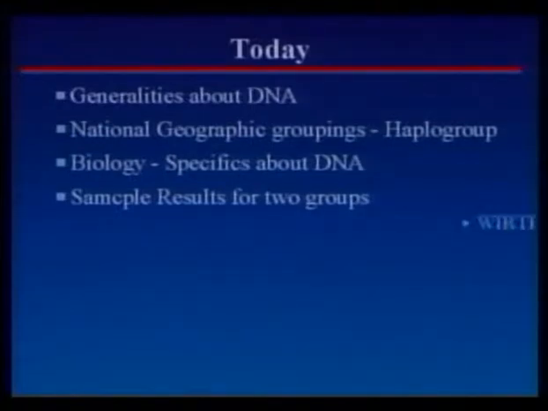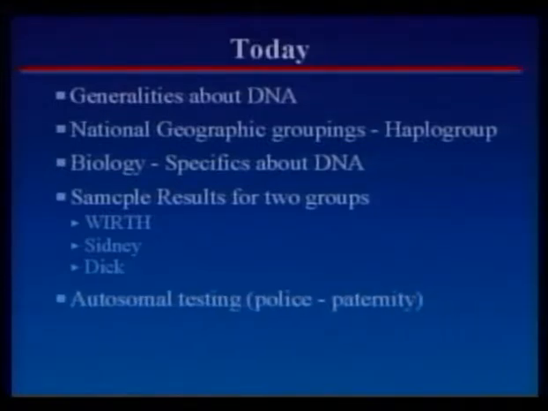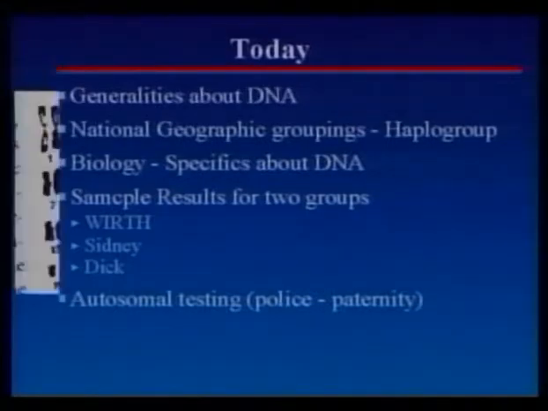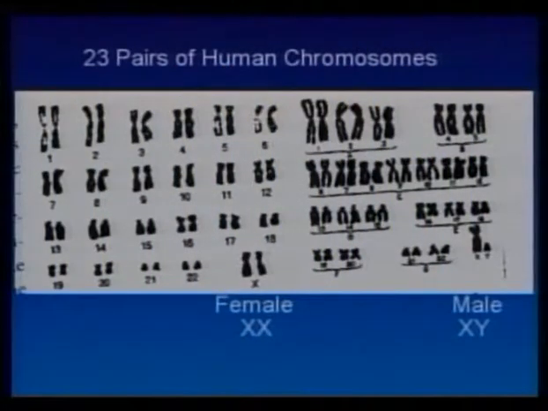And then we're going to look at three different results: the Worth group, this group by Sidney and Richard, and Dick, your test results. And if we have time, we'll look at some police testing and paternity and show just how very different that is. And we're really only concerned with the genealogy part of it today.